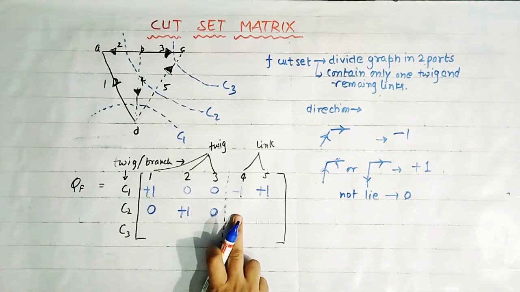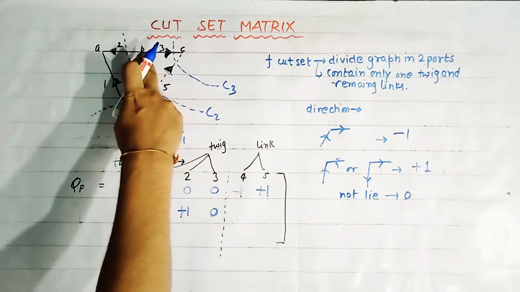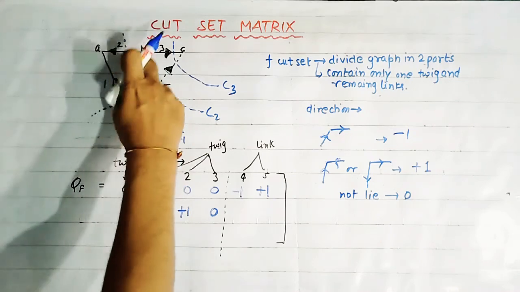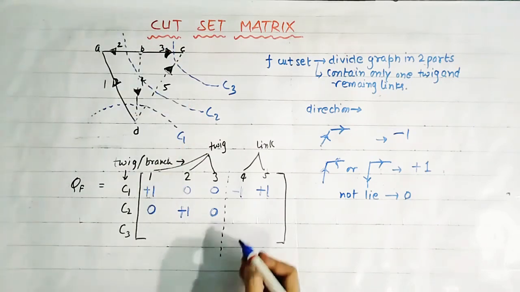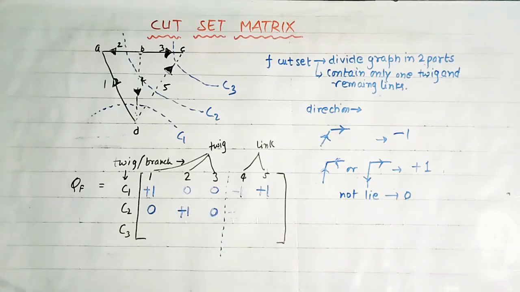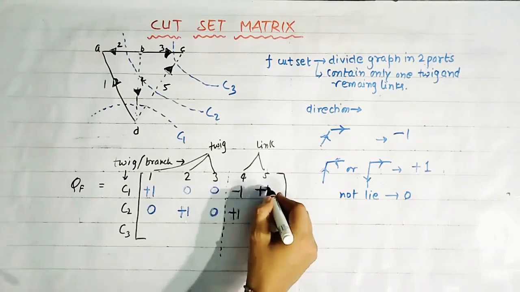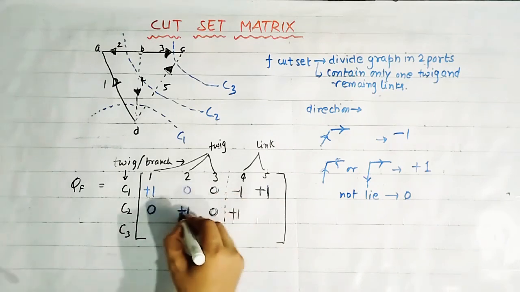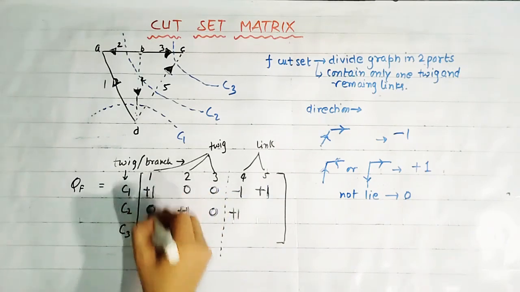See, if we see the 4, then we can see that both branch 2 and 4 leave the node B. That's why here we will write +1 at 4.